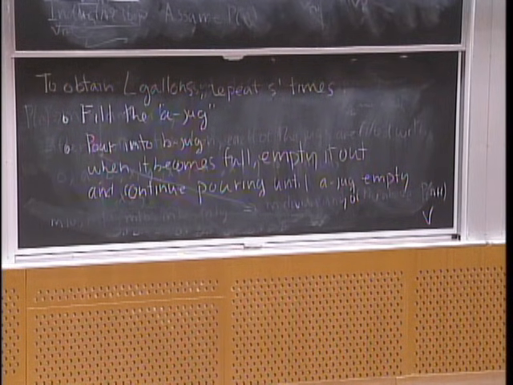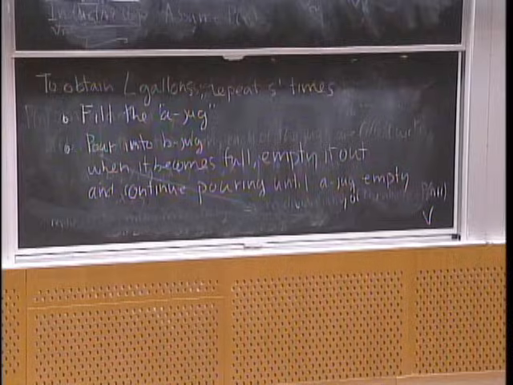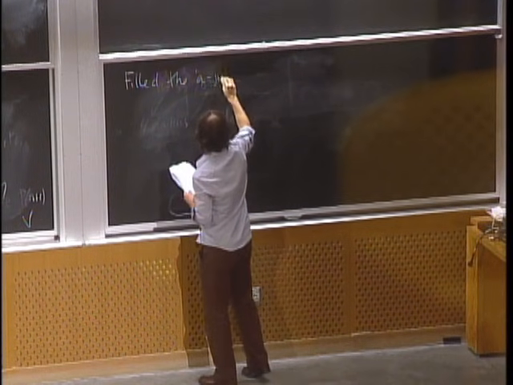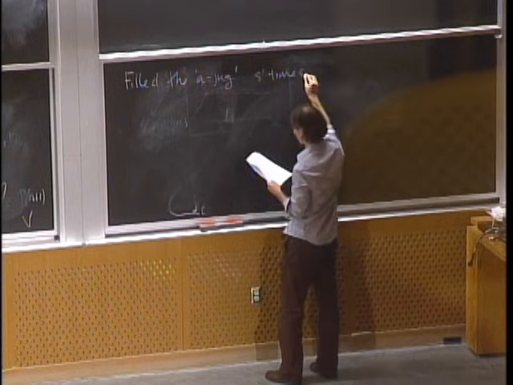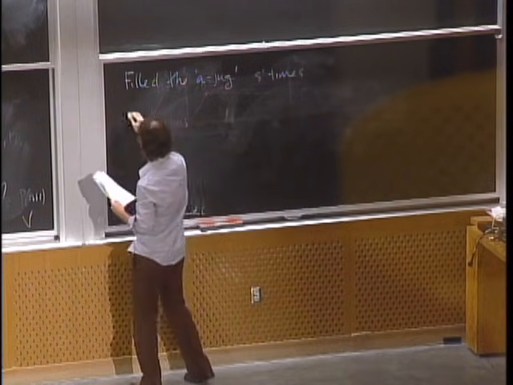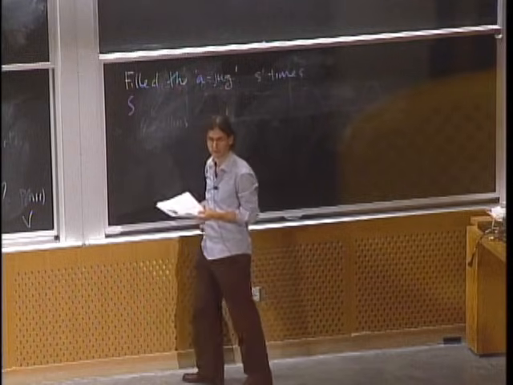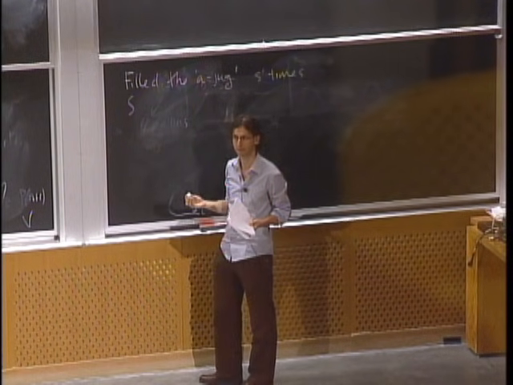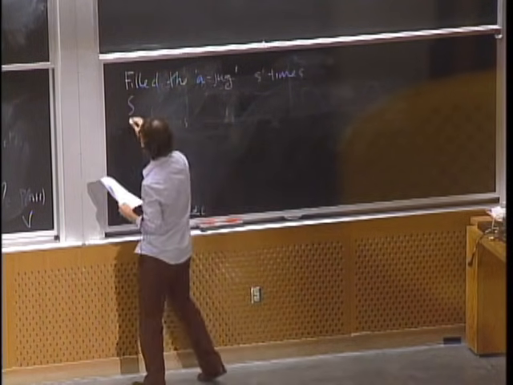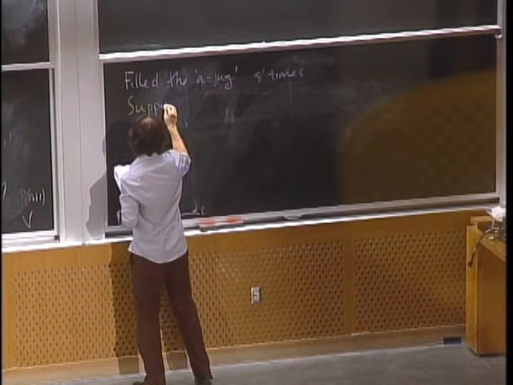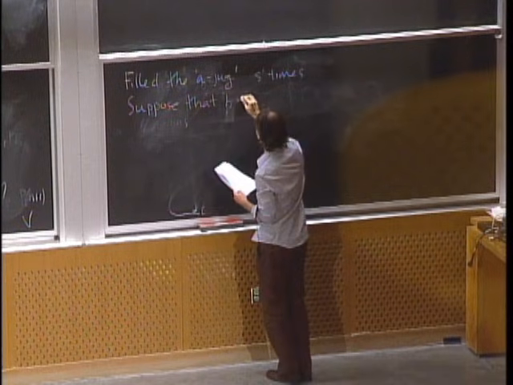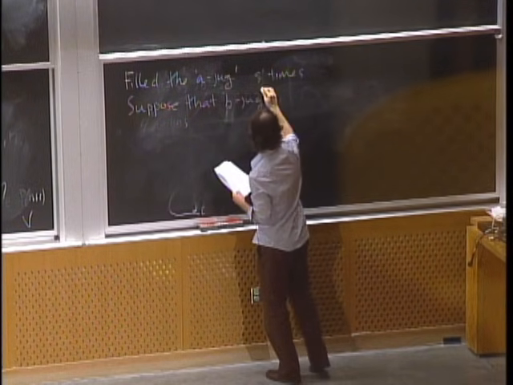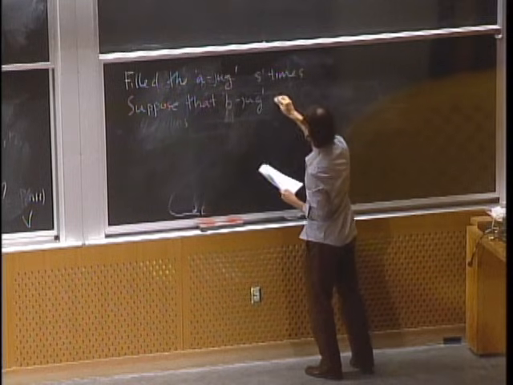We have filled the A gallon jug S prime times. We also know that the B jug has been emptied a certain number of times. So let's just suppose that the B jug is actually emptied, say, U times.